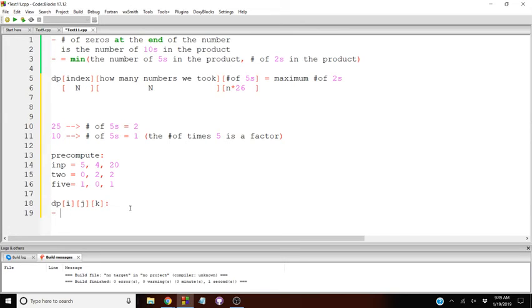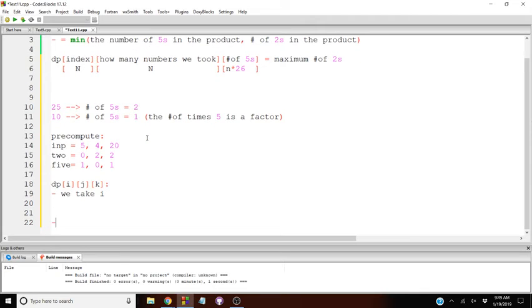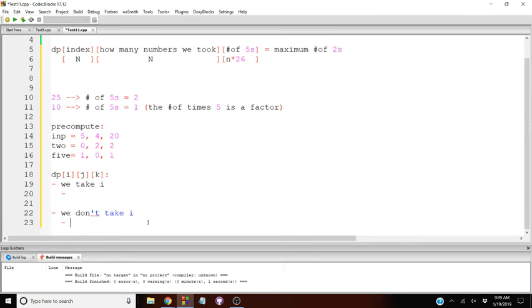Either we take I, or we don't take I. If we don't take I, simple. I'll do that first. If we don't take I, then it's the same as dp I minus 1 j k, because nothing changed. Nothing at all changed.